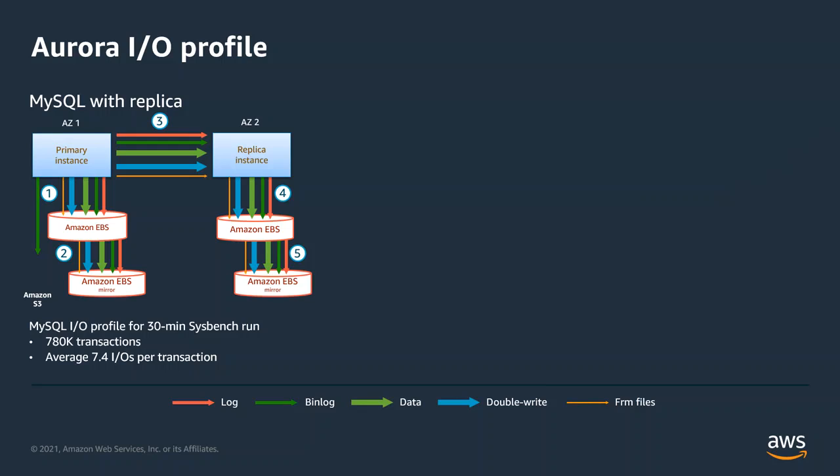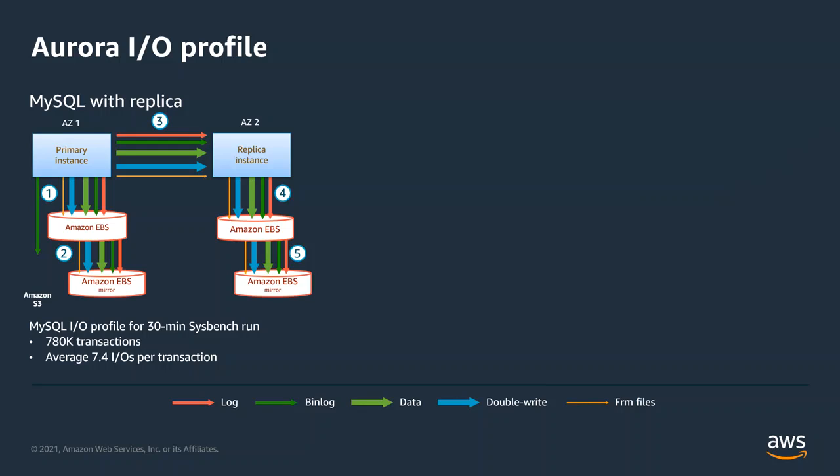Now, each instance, so the primary instance actually has to write down to its EBS storage. The EBS storage has to mirror those writes, and we have to do backups coming off of the primary instance into S3 to archive the log files. We also have to replicate writes over to the second instance where they are received, and then that instance must persist them.